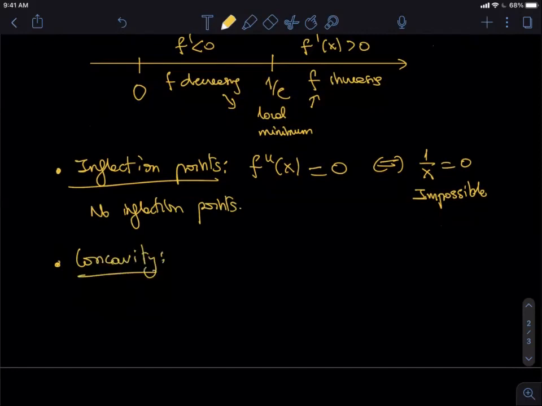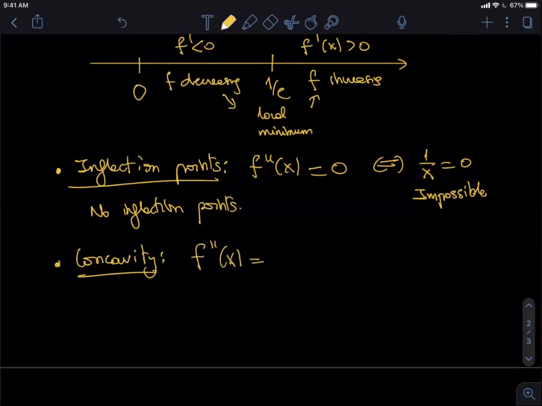And now we need to see the intervals of concavity. Now, because there are no inflection points, we already know that the concavity is not going to change. Okay, so it will be concave up or concave down in the whole domain, and that's it. Because if it changes, then we would have some inflection point by definition. Okay, so let's see.